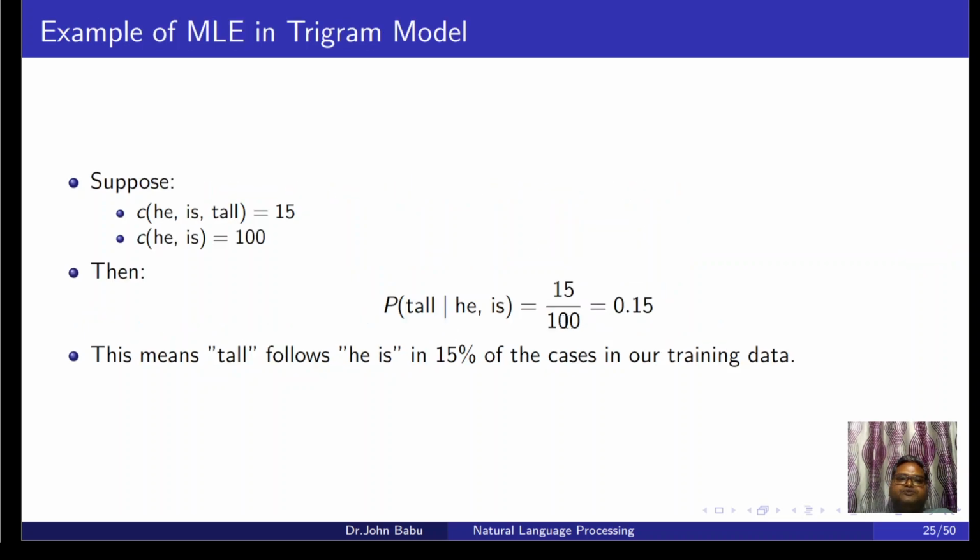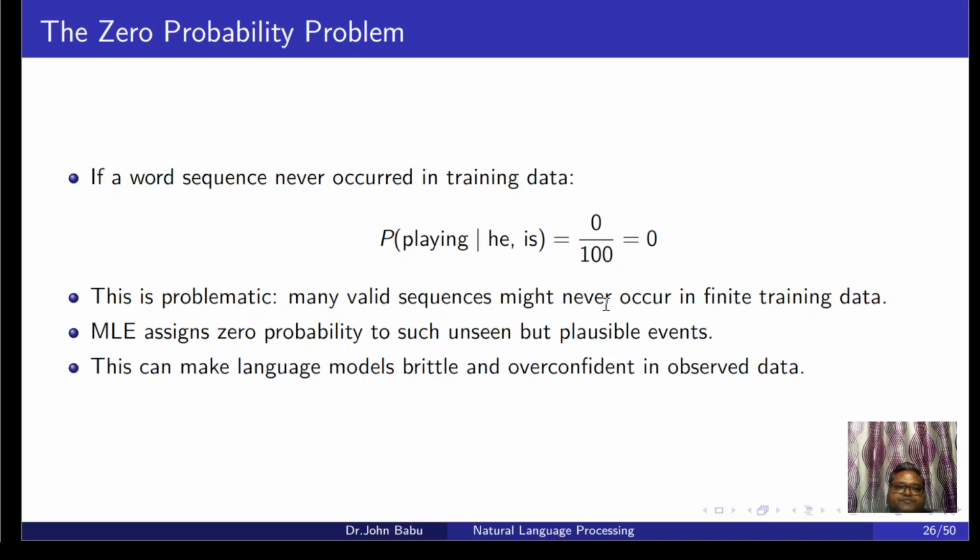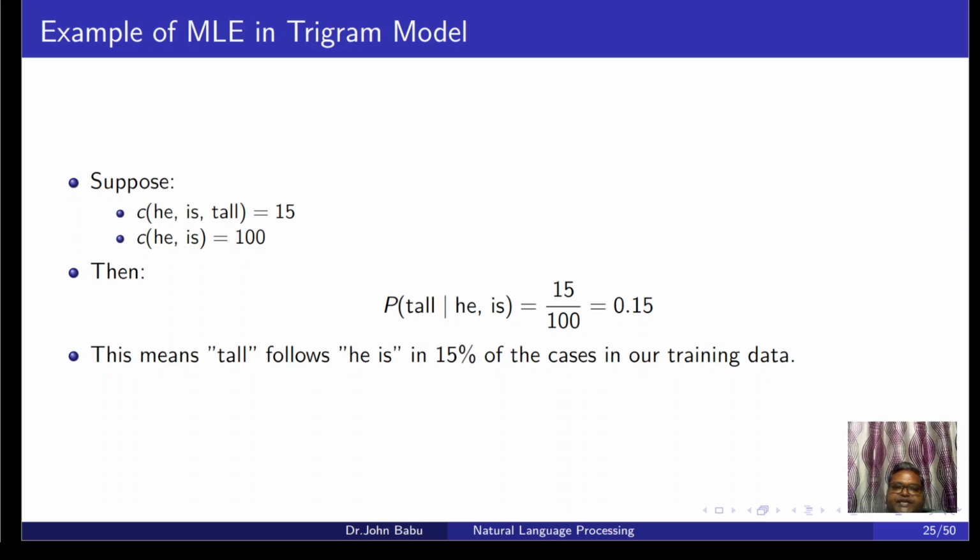This is the likelihood. Another example: the trigram "he is tall" occurs 15 times, whereas the bigram "he is" occurs 100 times. Then the likelihood of "tall" given "he is" is 15 by 100, 15%.